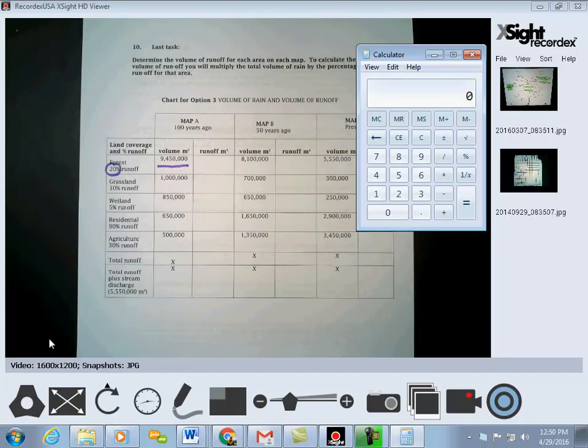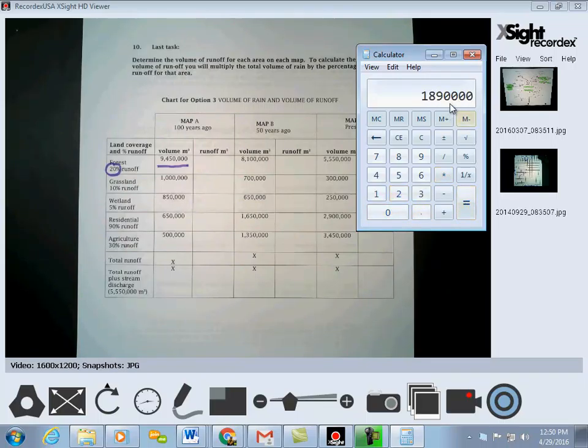So for this particular problem, the total volume is 9,450,000. And I'm going to multiply that by 20%, or 0.20.